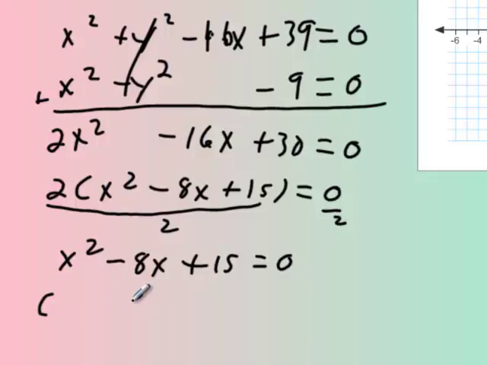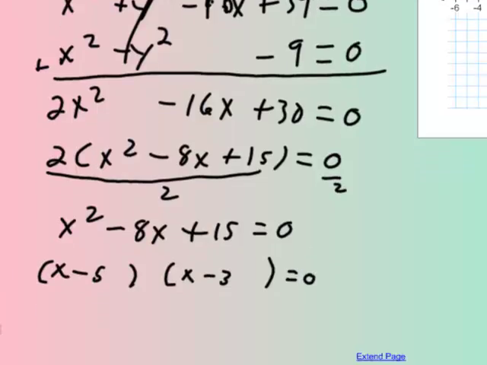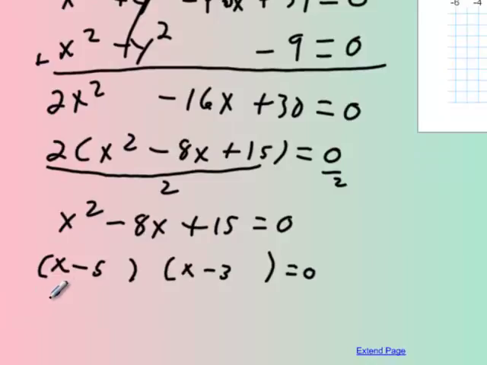This factors to x minus 5 and x minus 3 equals 0. So, using the zero product property again, 3 and 5 would be our two x values.